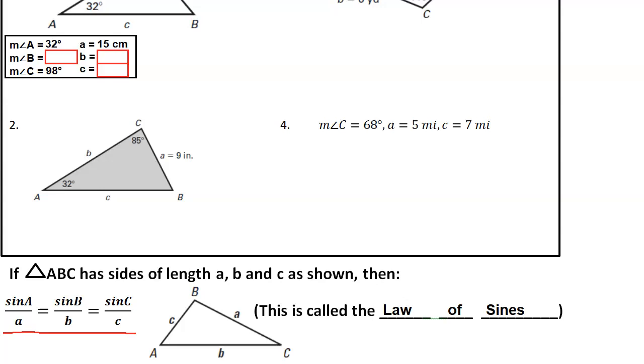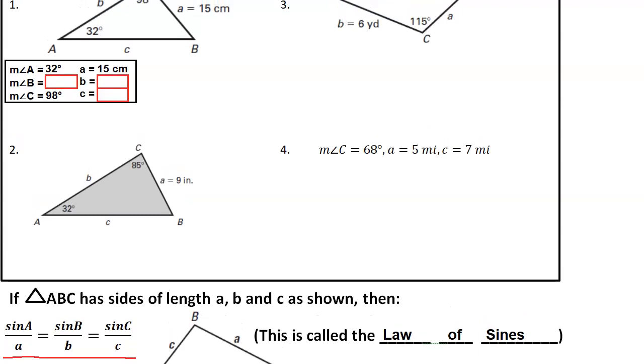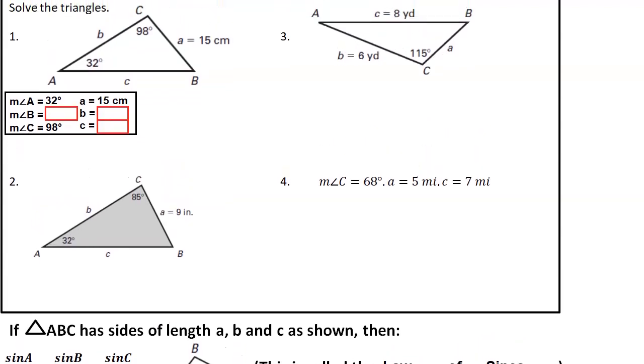But we do know that all three of those ratios are going to be equal to each other. So essentially, you're going to see a similarity between what we did before and what we're doing here, where you pick something that you know and then something that you don't know, and you use what you know to solve for what you don't.